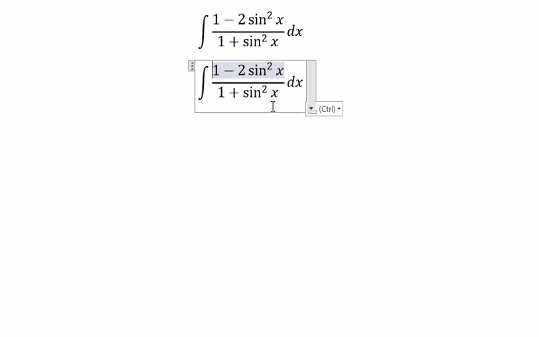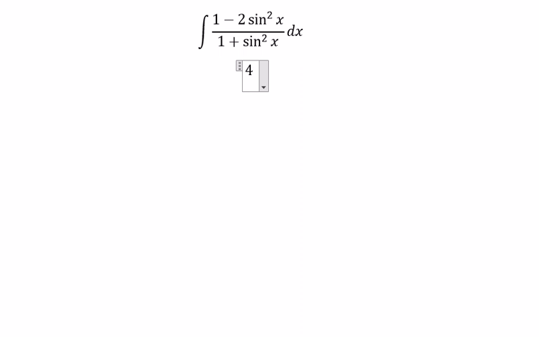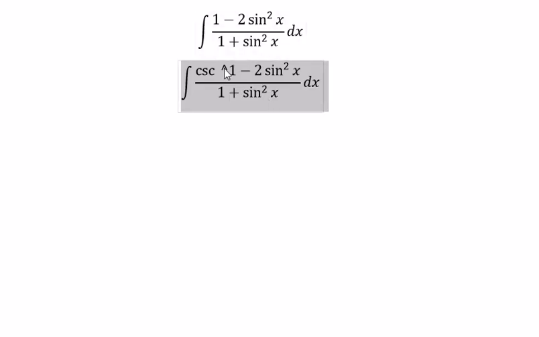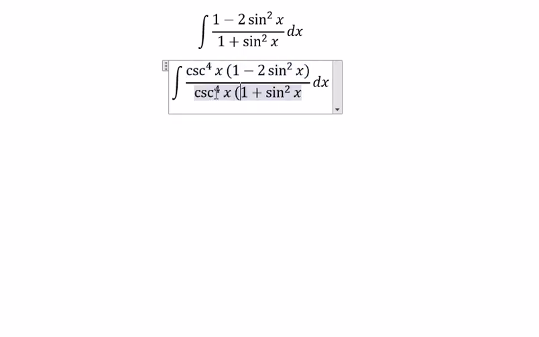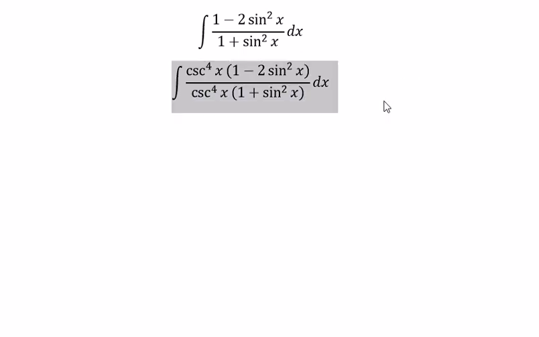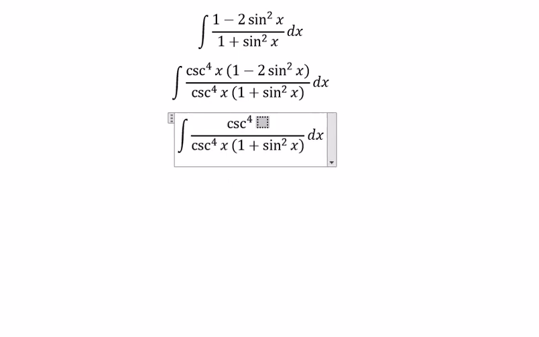We need to multiply by cosecant of x to the power of 4. So in this situation, the numerator becomes cosecant of x to the power of 4 minus 2 cosecant of x to the power of 2.